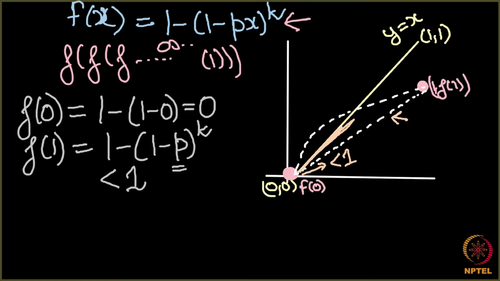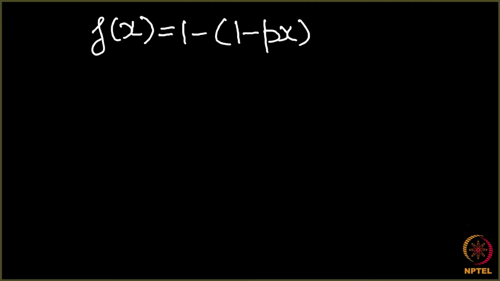And when will this function go like this? It will go like this when the slope of this function is greater than 1. So let's first try to find the slope of this function. What do we do to find the slope of the function? We differentiate it. So we have the function f(x) equals (1 minus px) to the power of k. Let us differentiate it.